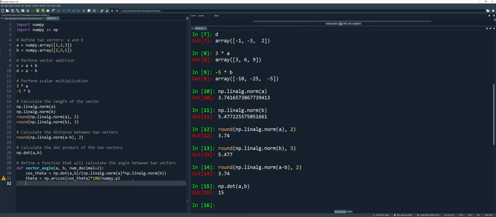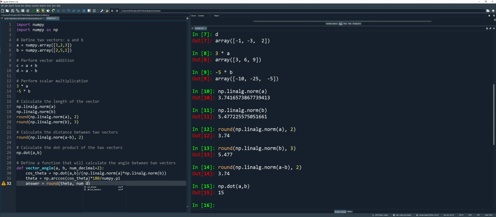Now, let's try to have the answer argument object. In the answer object, we will store the answer that will be displayed by our function. And since we want to round our answer to the specified value of the user, we will put the theta inside the round function.